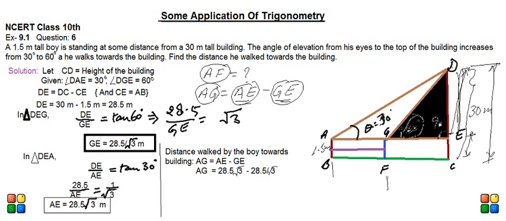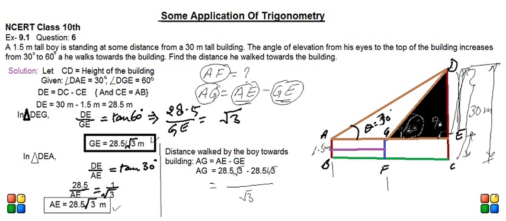If I substitute the values, the value of AE which we have calculated is 28.5 root 3, and GE is 28.5 divided by root 3. We are not going to cross multiply, but take the LCM of the denominator. Taking the LCM gives root 3 in the denominator, and the other term has 1 in the denominator.